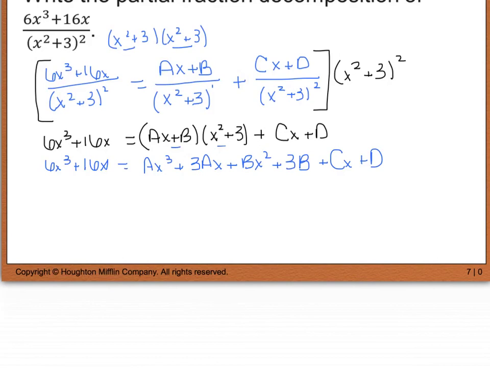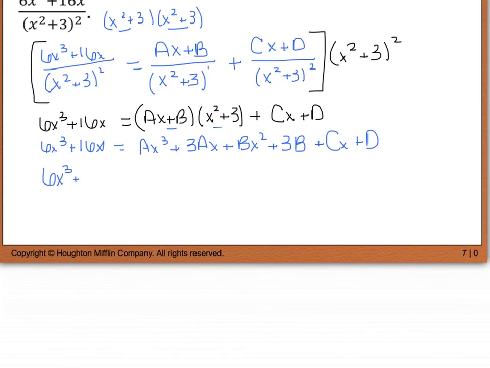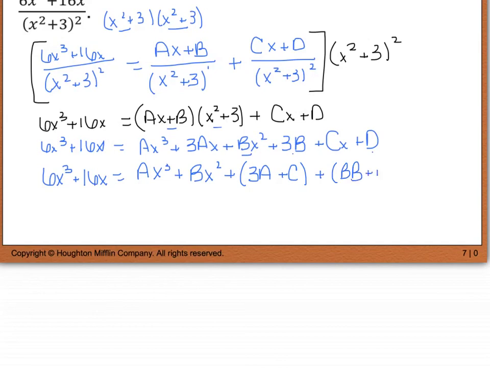So again, I'm going to group my like terms. 6x cubed plus 16x equals, I'm going to have just my ax cubed term. My x squared terms are just bx squared. My x terms are going to be 3a plus c, and then for my constant terms, I have a 3b and a d, so I'm going to go plus 3b plus d.